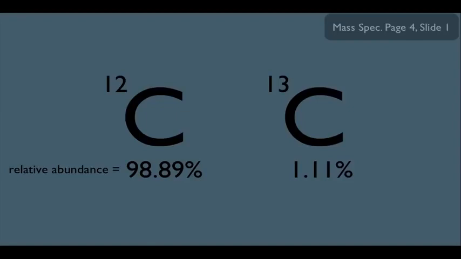If you were to inspect each of these atoms, you would notice that 98% of your sample has carbon that weighs 12, and about 1.1% of your sample would be carbons that weigh 13, hence the term relative abundance, the abundance of the carbon-12 relative to the carbon-13.